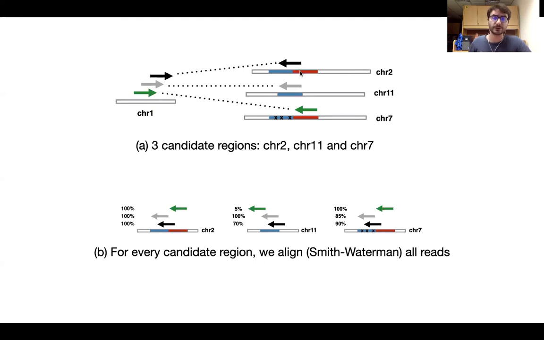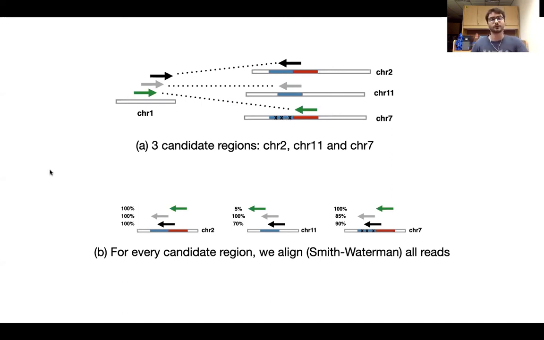And in order to do this, what we do is we extract the region around these reads. So we obtain one candidate region from chromosome 2 around the black read, we obtain a second candidate region around the gray read on chromosome 11 here, and finally a third region from chromosome 7.